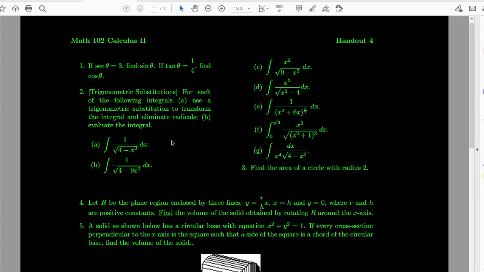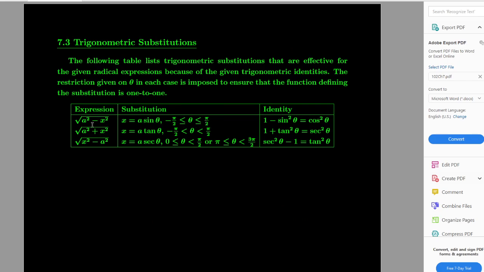So let's say in question 2a, you have the square root of 4 minus x squared, the square root of 2 squared minus x squared. You just imagine a is 2. In this case, we use a substitution like this. We set x to be sine of theta.